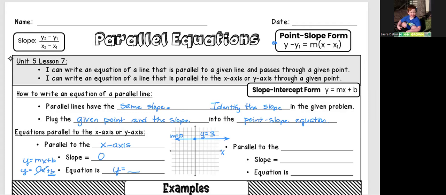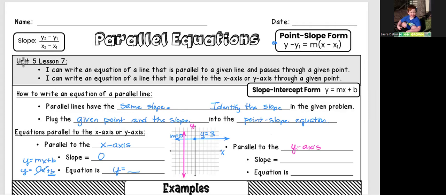This next one is parallel to the y-axis. Let's acknowledge that my y-axis is this one that's going up and down. It's vertical. So if I draw a line vertically, got this here.